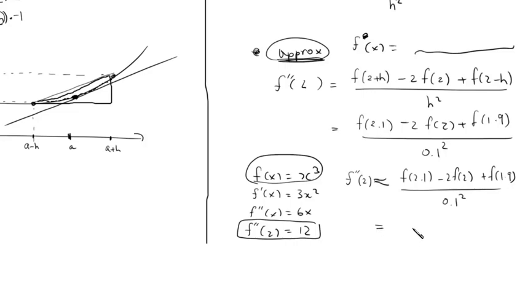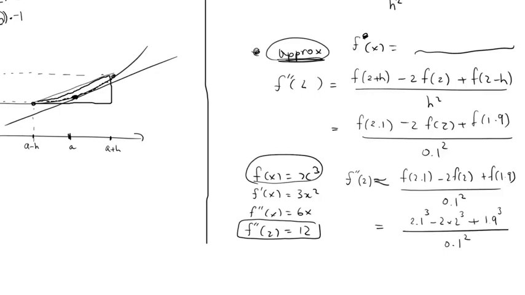So that's 2.1 to the power of 3 minus 2 times 2 to the power of 3, which is 8, plus 1.9 to the power of 3, over 0.1 squared. Let's actually calculate this one.